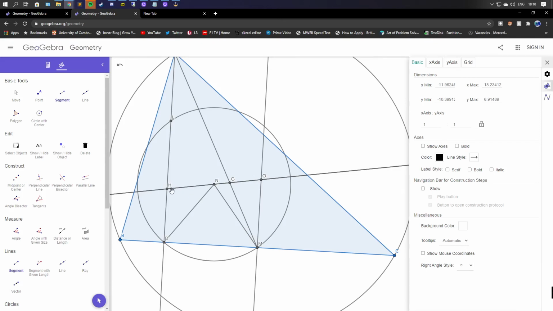So the assumption we're going to start off with is that HNO is not necessarily a straight line, but N is the center of the 9-point circle. We proved this in Monday's lecture, I want to say.